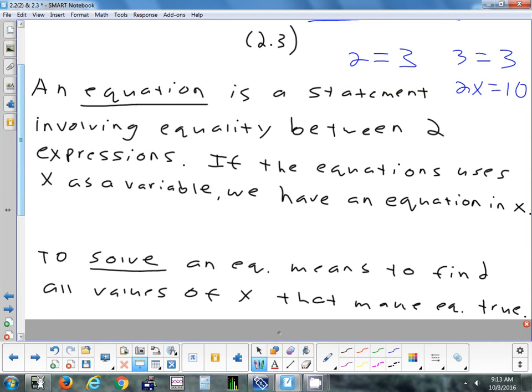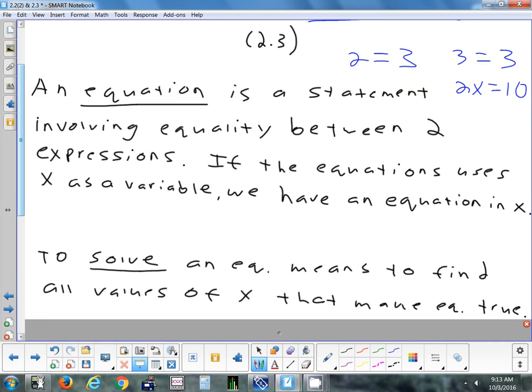To solve an equation just means to find the value or values of x that make it true. Some equations can have more than one answer. Generally, simpler kinds of equations don't. Think of when you graph a line. If it's anything other than a horizontal line, it can only cross the x-axis once.